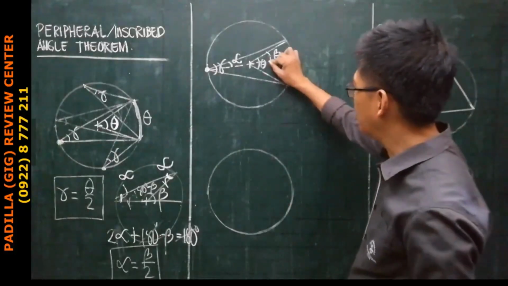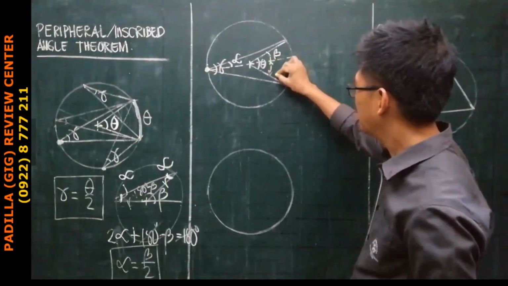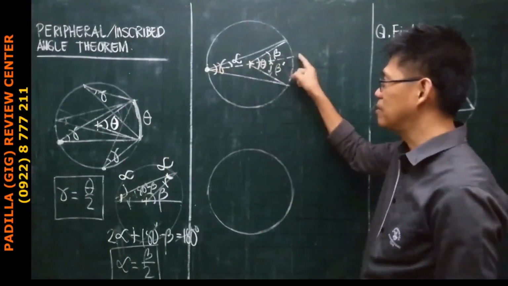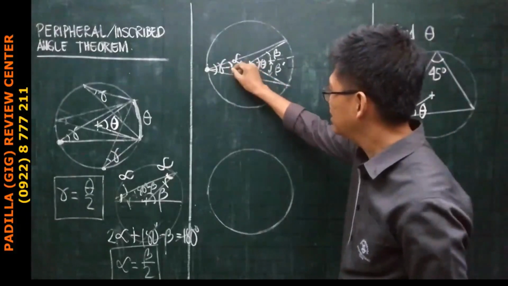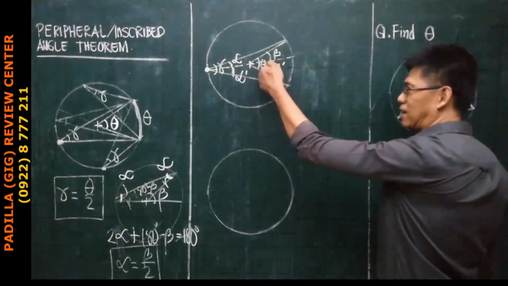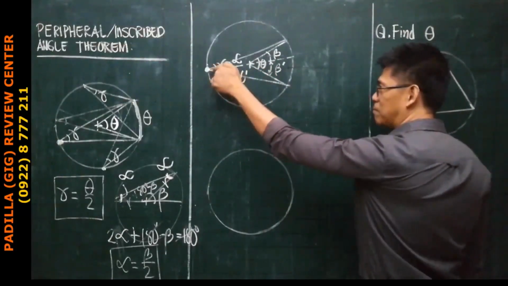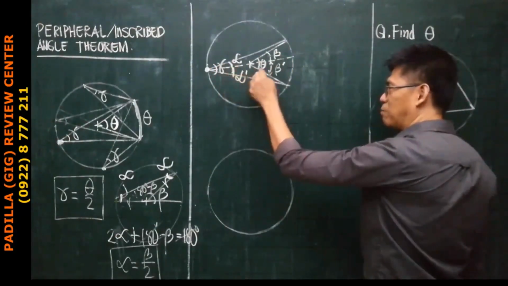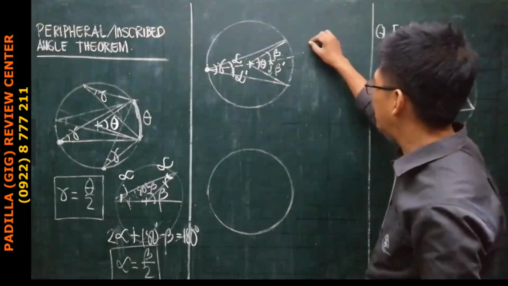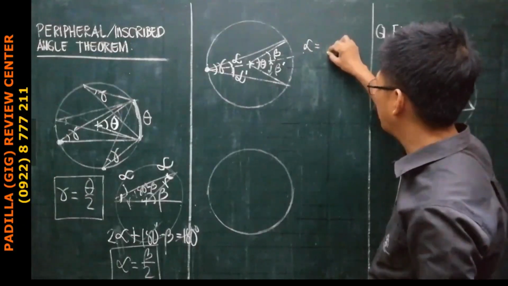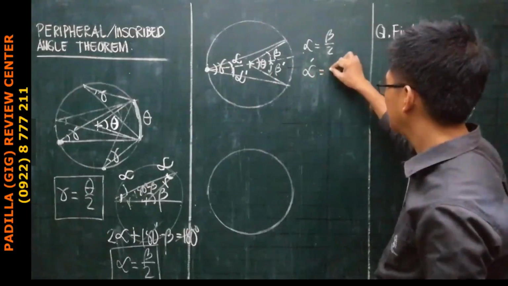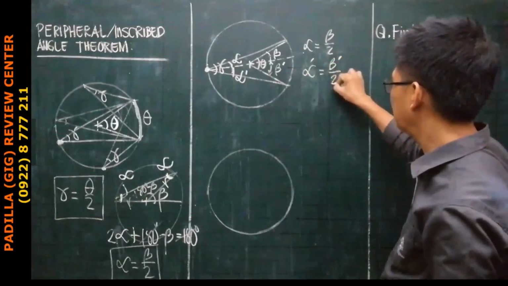Now what if I call this beta prime? This is also a diameter. What is this equal to? If I call this alpha prime, this is the central angle and this is alpha prime. Then alpha prime must be half of beta prime, right? So I have alpha is half of beta, and alpha prime is half of beta prime.